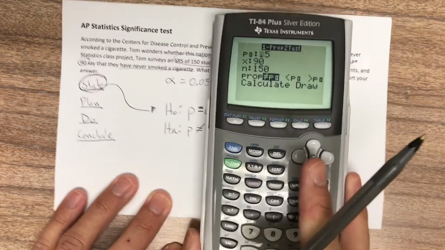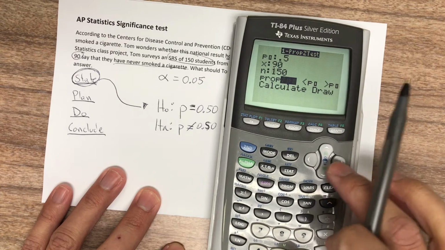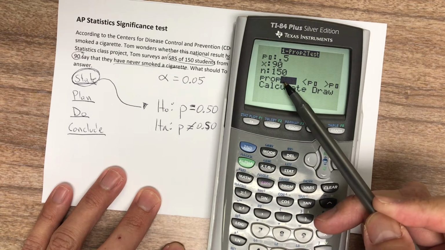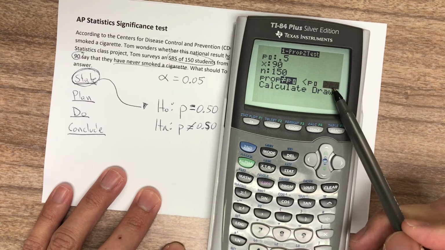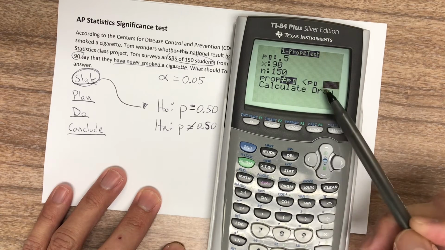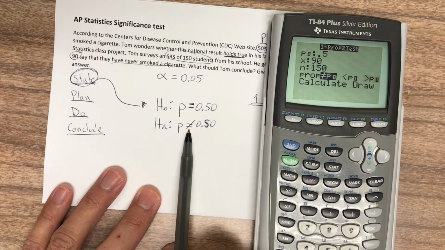Now the next one, you really have to be careful because you have 3 options. For the alternative hypothesis, we have not equal, we have a less than, and we have a greater than. So you have to really be sure which alternative hypothesis you are going to use. Right now we have a not equal.